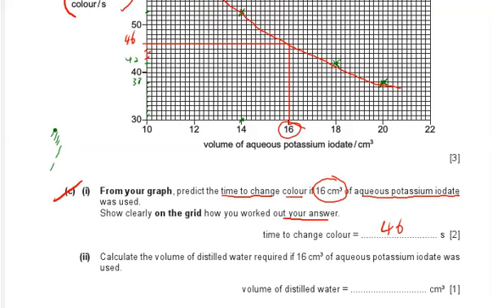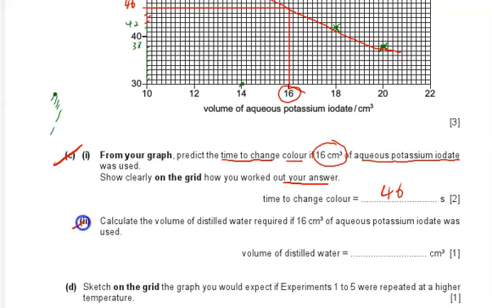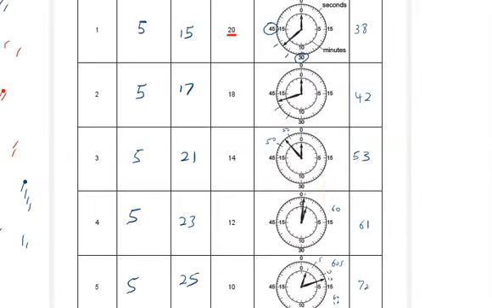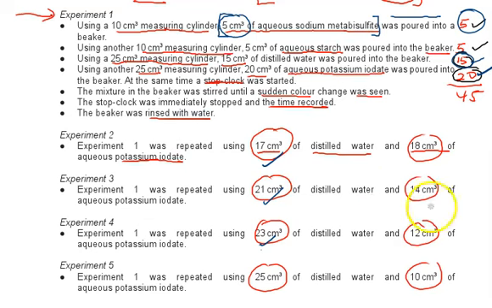Now the next question is to calculate the volume of distilled water required if 16 centimeter cube of aqueous potassium iodide was used. So we look back at the table at the beginning. If you notice, when they added distilled water and potassium iodide, they ended up getting 35 in total.